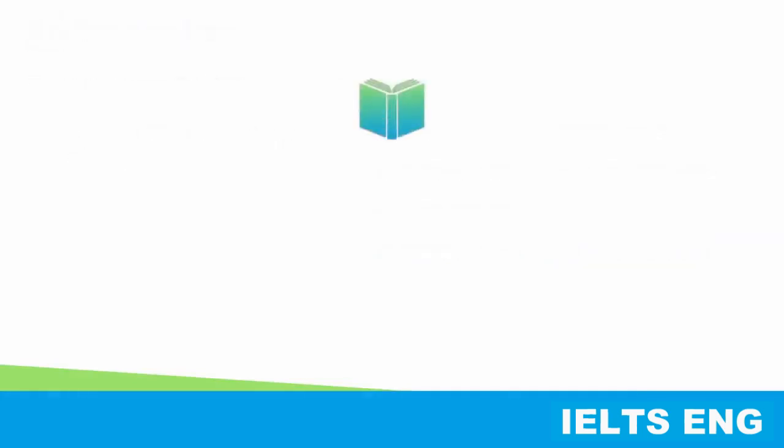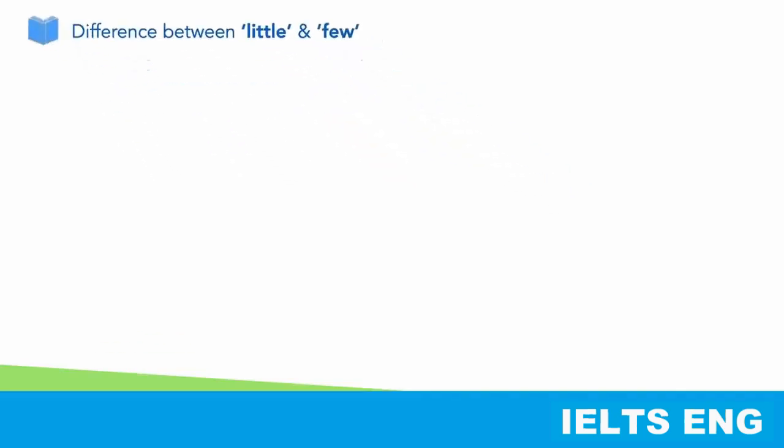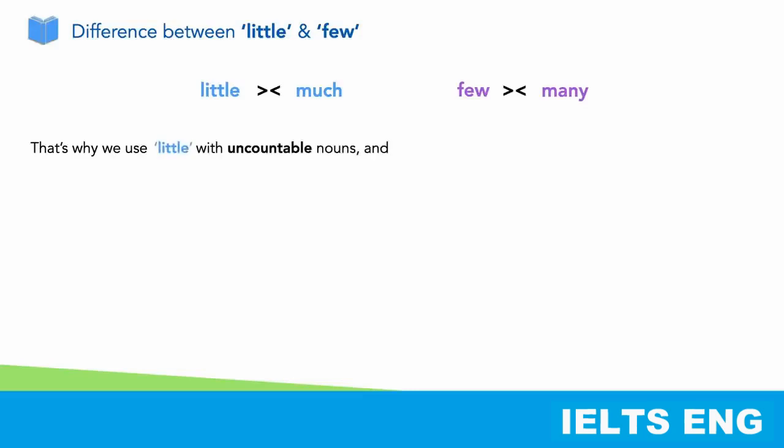Okay, let's find out why these are the correct sentences, by first of all looking at the difference between little and few. Little is the opposite of much. Few is the opposite of many. That's why we use little with uncountable nouns and few with countable nouns.